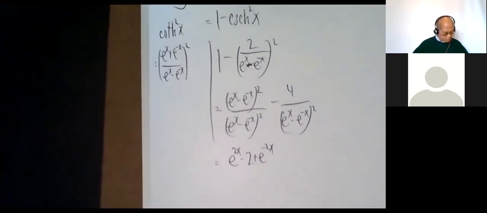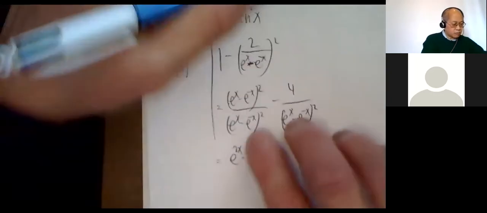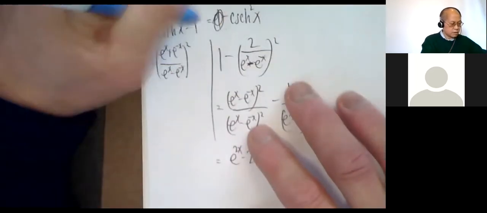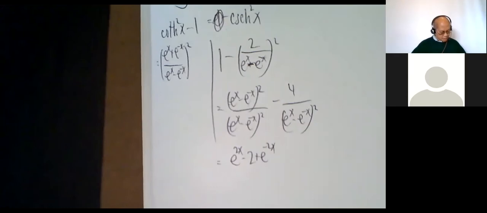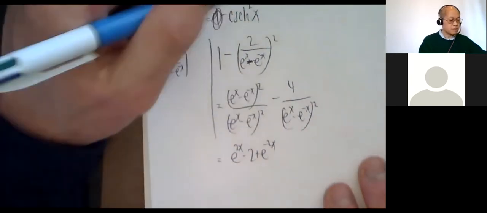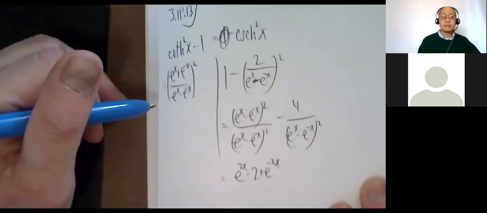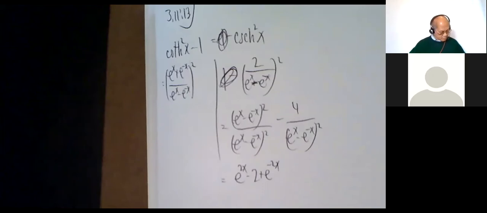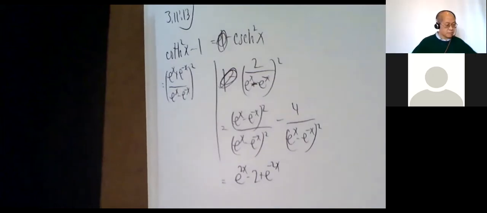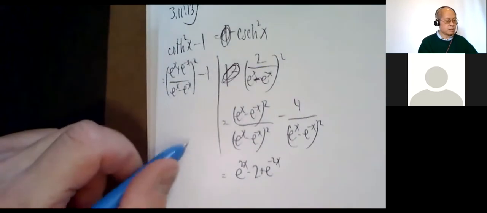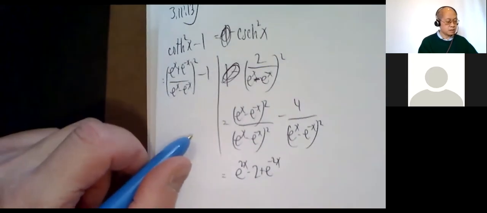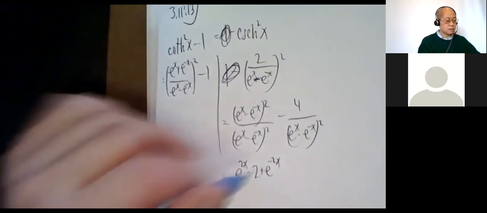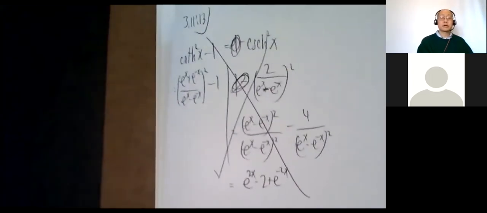Let me check something here. The minus 1 should be here. Sorry, I read it wrong. Okay, I botched this up. Minus 1. Well, looks like I'm going to have to just start all over.